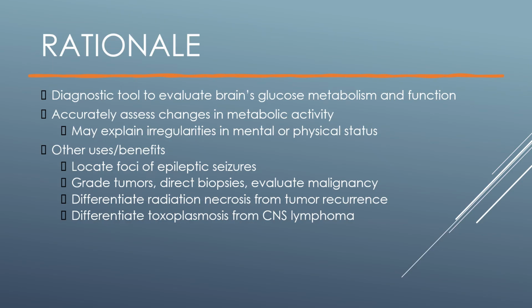We'll talk about the cancer stuff a little later on. Also, though, it's really good for looking at infections in the brain and looking at how that's changing the glucose metabolism. And then at the very end of this lecture, we will talk about how FDG brain scans are being used in criminal cases as well.